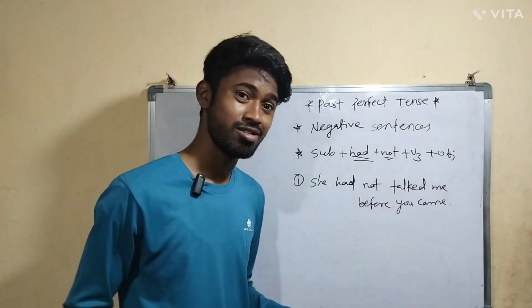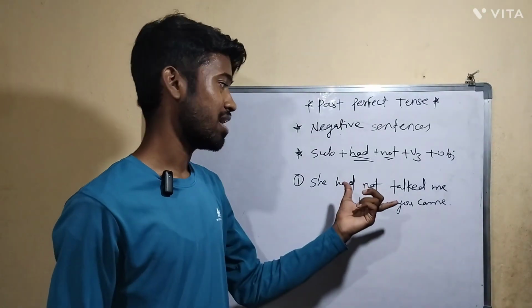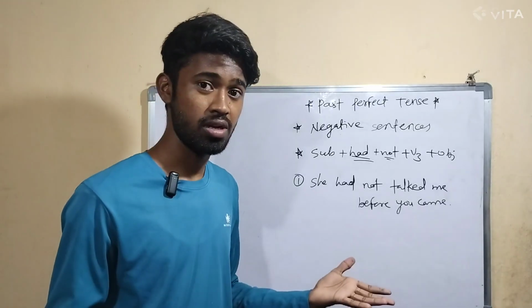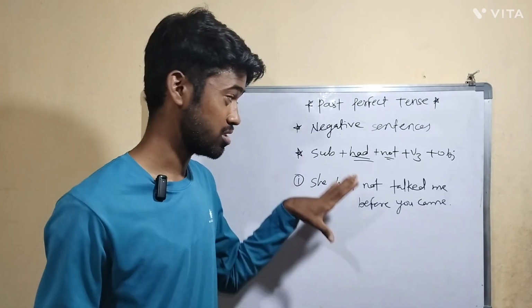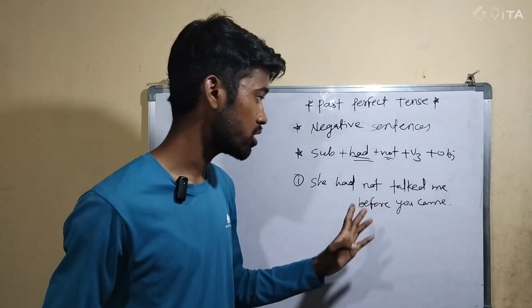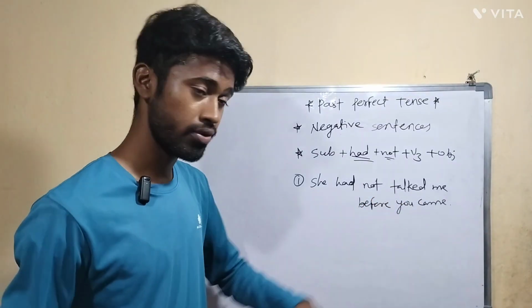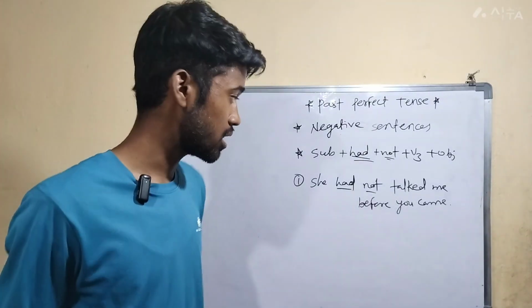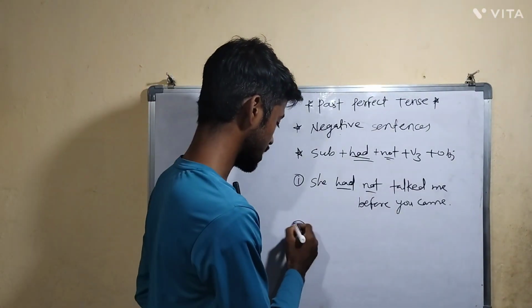So what is the first action here? That is talking. Girls will not talk before the teacher comes, right? It doesn't happen, but this is one hypothetical example. She had not talked to me before you came. Now had is the helping verb. After that we are using not. That's it.